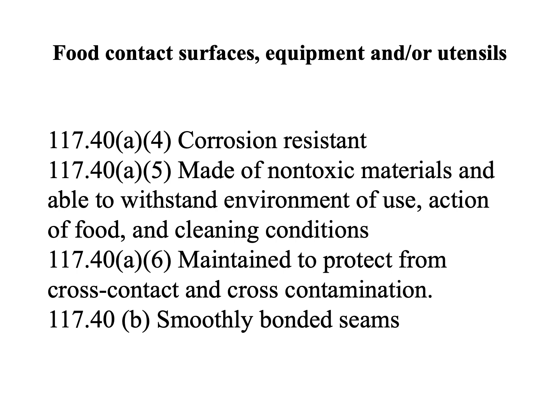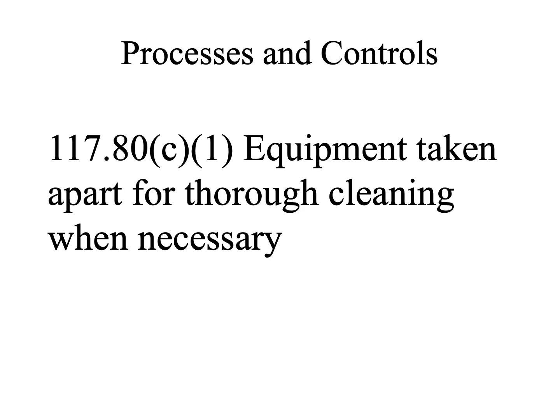Must have smoothly bonded seams as to prevent, again, cross-contact or cross-contamination. So we're looking at the condition. We're looking at the capability of it to be clean as well. And one more here to take a look at. 117.80(c)(1) states equipment shall be capable of being taken apart for thorough cleaning when necessary.